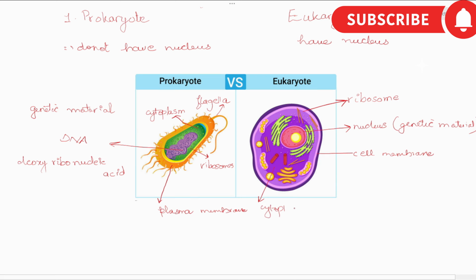There are additional organelles as well in this, which are not present in the other one. These are all membrane bounded. If you look at this yellow thing, this is bounded by a membrane. Then this one is also membrane bounded, right?